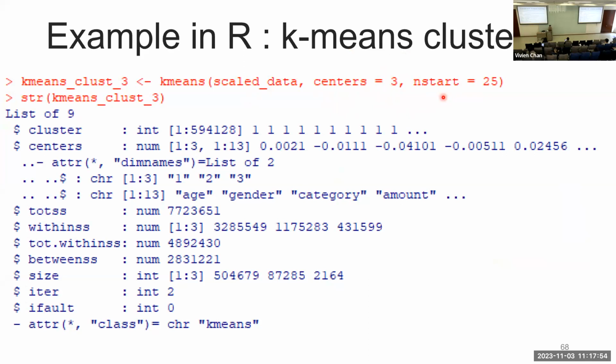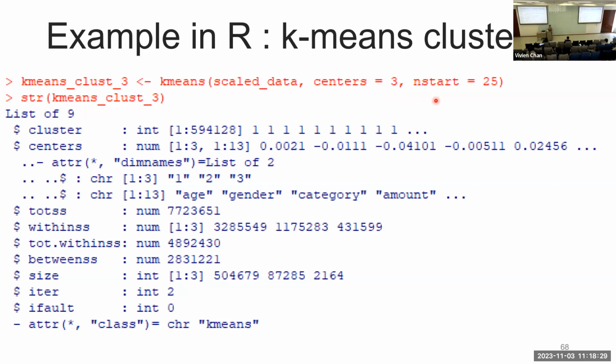What does this mean? The default value nstart equals 1 simply means that, if you remember for K-means clustering, when we specify K equals 3, we randomly find 3 data points as the seeds. So nstart equals 1 means I will do it once: I find 3 seeds, build the clusters, and then it's done.